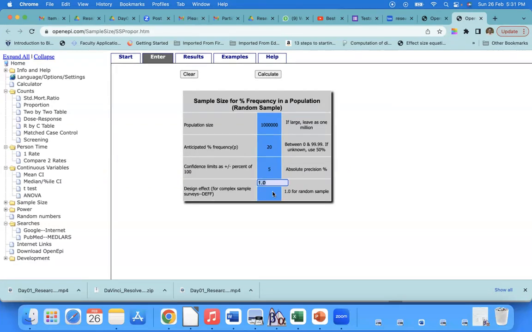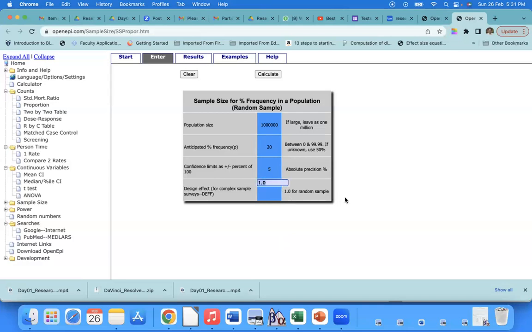In that case, instead of 1, you can put a design effect of 2. Then the sample size will become double of what we calculate.